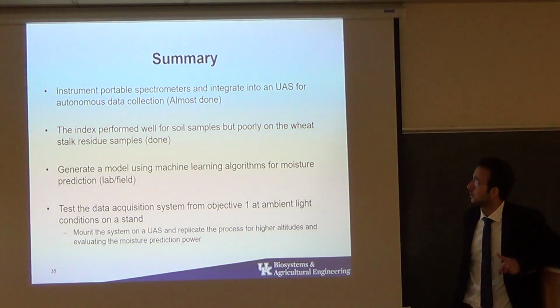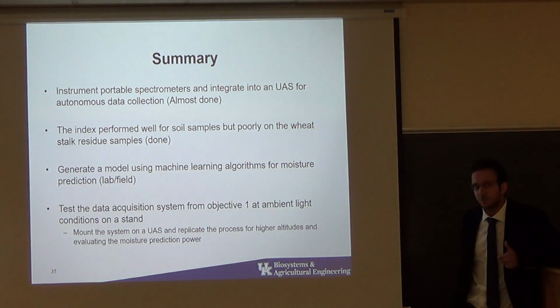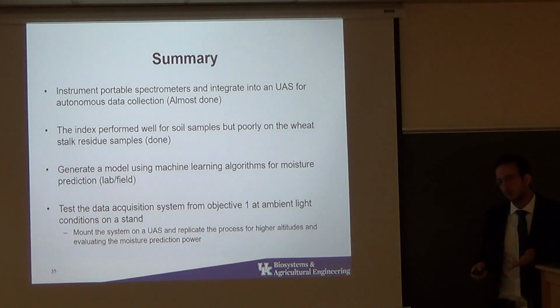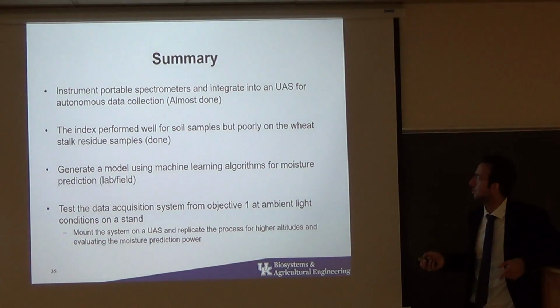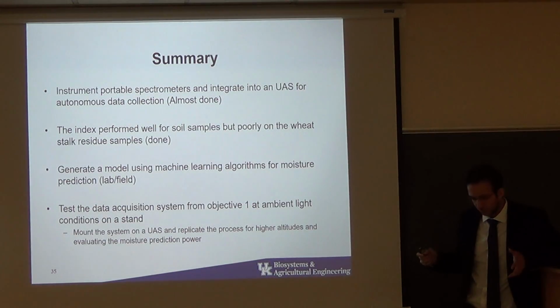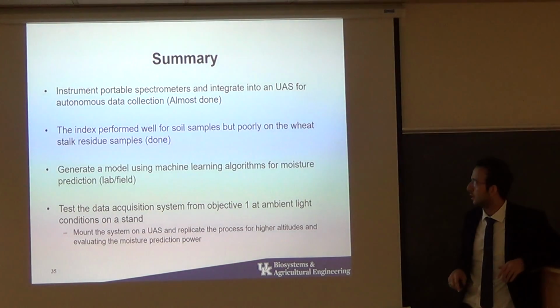So in summary, in the first part, we instrumented some portable spectrometers and integrated them into the UAS for autonomous data collection. This part is almost done, so we just need to wrap up the programming part. The second objective was the index. The index that we chose performed very well for the bare soil and poorly for the stalk residue.